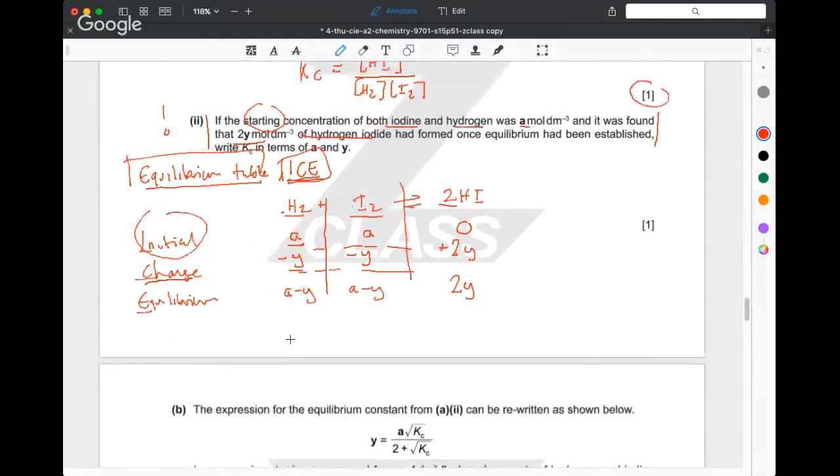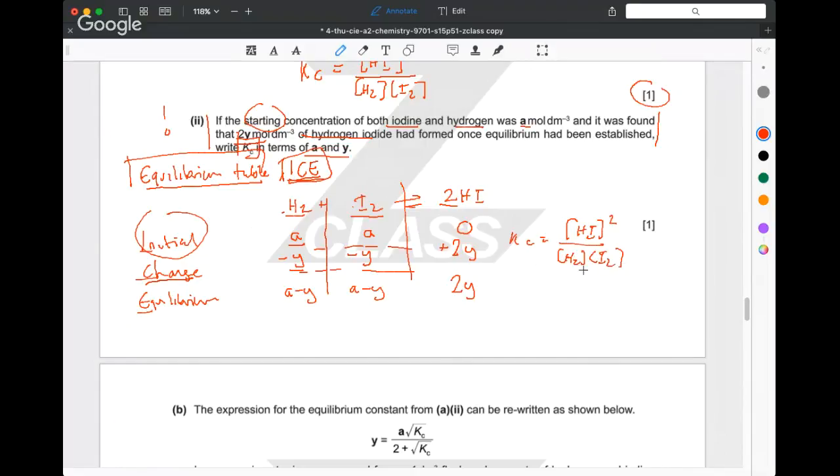So you then have to write your equilibrium constant in terms of A and Y. Well, you knew from before that the equilibrium constant is hydrogen iodide squared over hydrogen and iodine. You wrote that out in step 1. And now all you're going to do is plug in the values for the concentration at equilibrium that you determined there. So the equilibrium constant is the hydrogen iodide concentration squared, which is 2Y squared, isn't it?